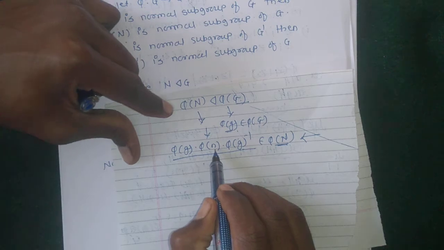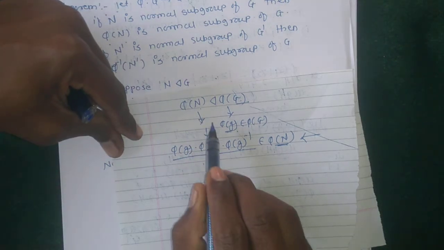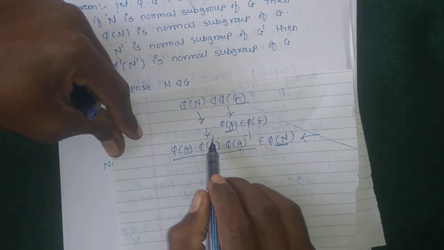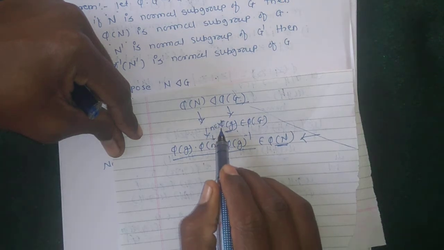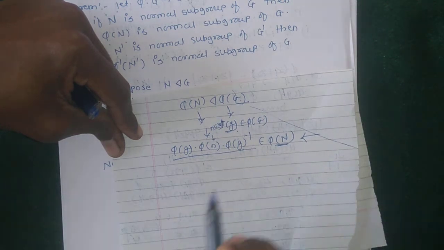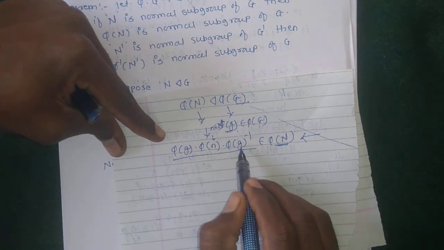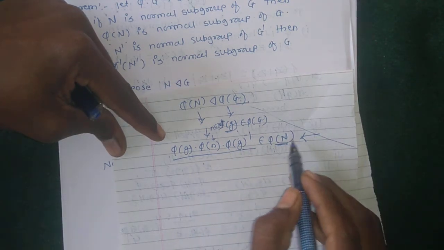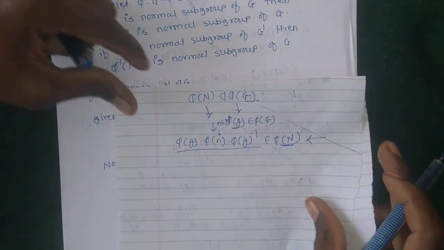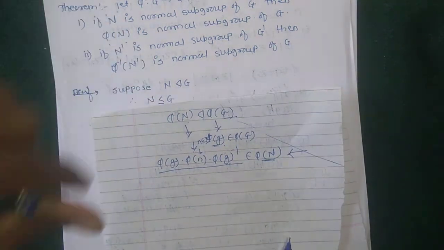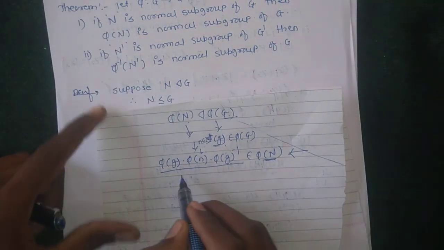This is an element of φ(N), meaning the image of n, where n belongs to the normal subgroup N of G. So if φ(g)·φ(n)·φ(g)^-1 belongs to φ(N), then φ(N) is a normal subgroup of φ(G). How to show it?